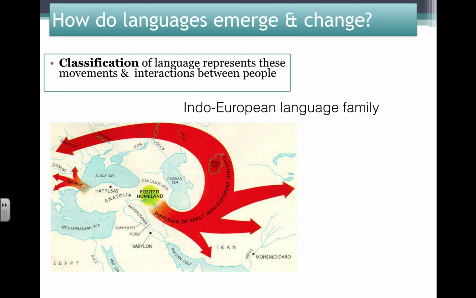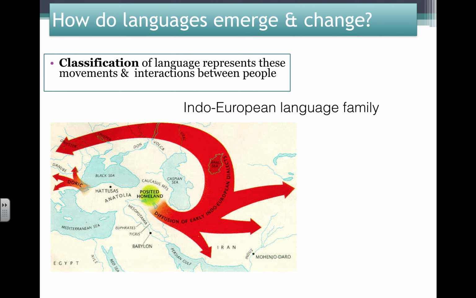As I just mentioned, the classification of languages represents those interactions between people. So the way we classify a language as being part of this language family and this language group or this language branch, really what we're tracking is we're going back to the origin of the language. For example, for the Indo-European language family, there's different discussions here about how these languages diffused and why they diffused.